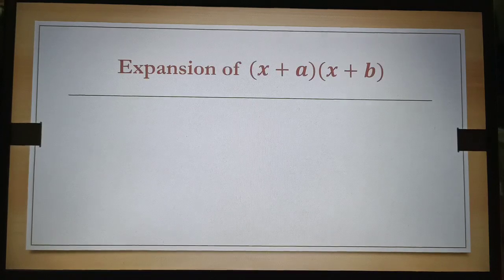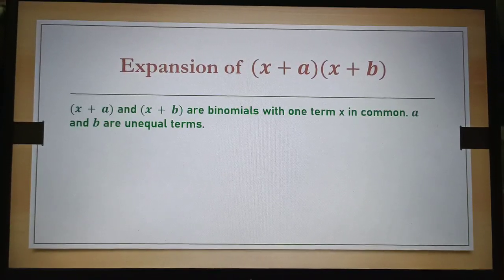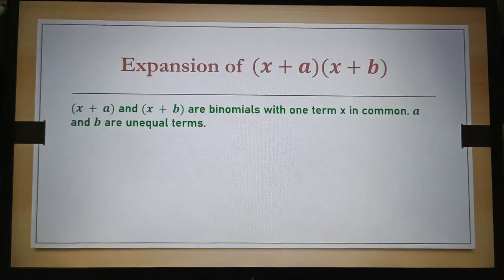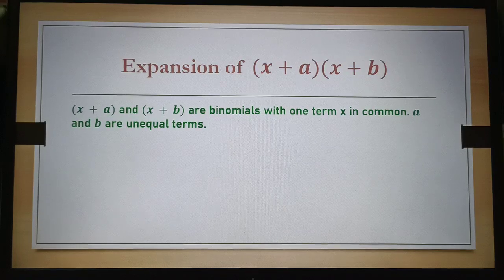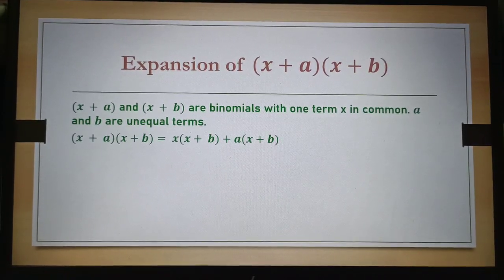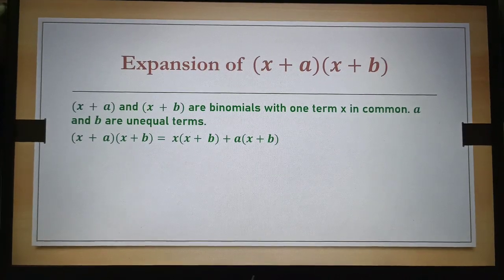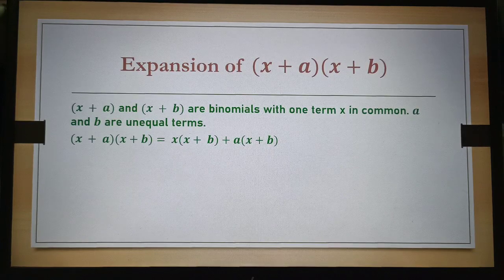The next one, we are going to see the expansion of x plus a into x plus b. x plus a and x plus b are binomials with one term x in common. a and b are unequal terms. That is, x plus a into x plus b is equal to x into x plus b plus a into x plus b.